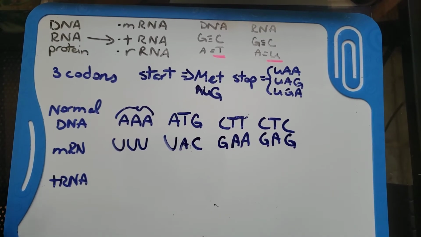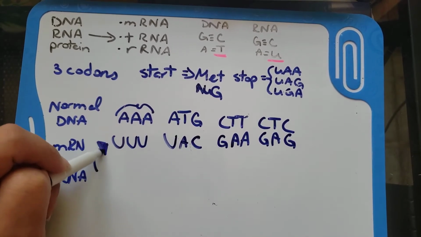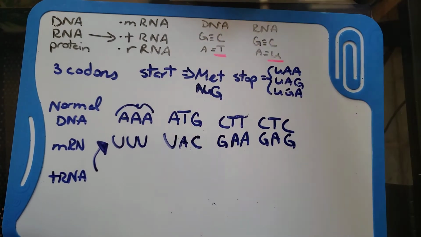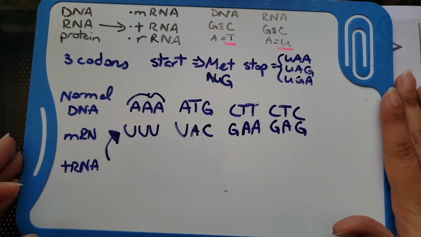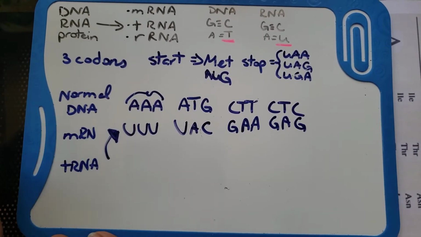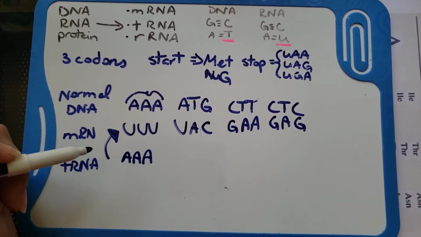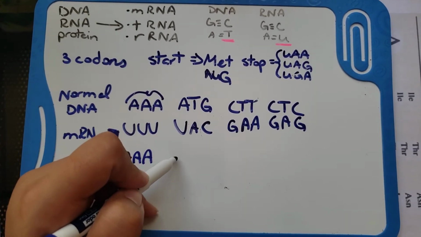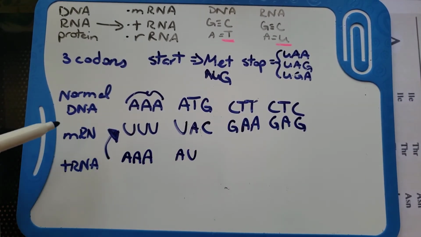All right. When you have the anticodon, it is reading the opposite of this to bring in the appropriate amino acid. So let me bring this over. For your protein assignment, you had the transfer RNA. The transfer RNA for this is going to be A. This is the anticodon that will bring in the appropriate protein. For this one, it's going to be an A, a U, because remember, there's no T in any of the RNAs.